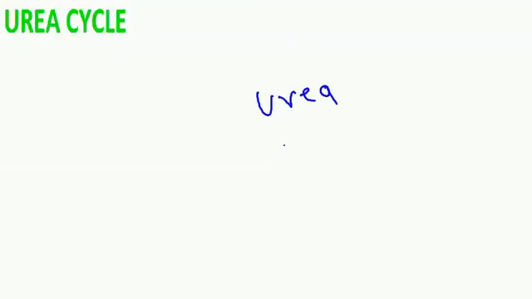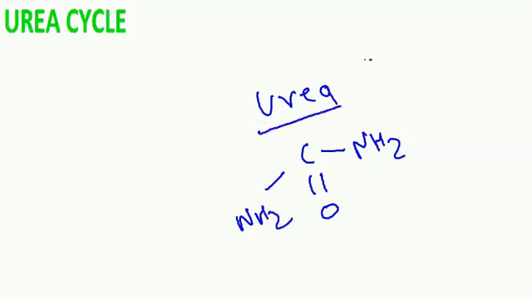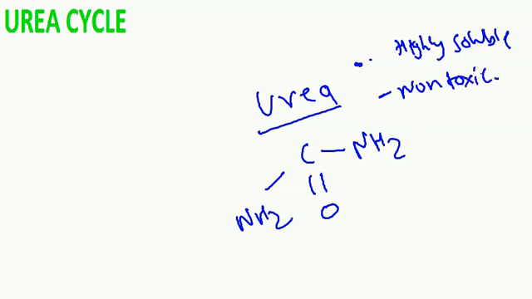Urea, the structure of urea is like this. Urea is highly soluble and non-toxic. Now we will discuss few disorders related to urea cycle.